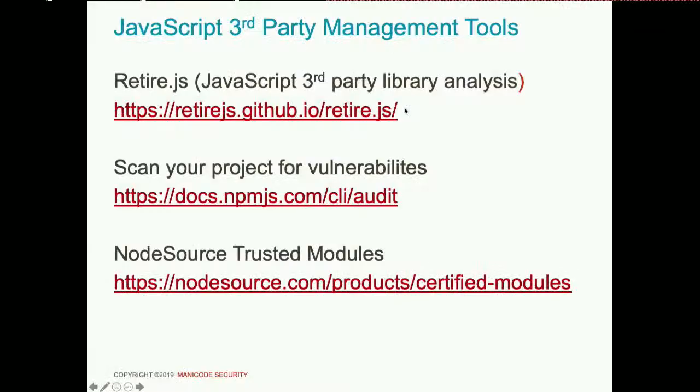JavaScript is freaking insane, but there's npm audit, which is built into npm, getting much better by the day. NodeSource has a list of trusted modules as a commercial offering. I'm not trying to sell NodeSource. It's just compelling, the idea of a trusted repo that's already been heavily reviewed for security that we offer to developers. I also run a plugin called Retire.js.